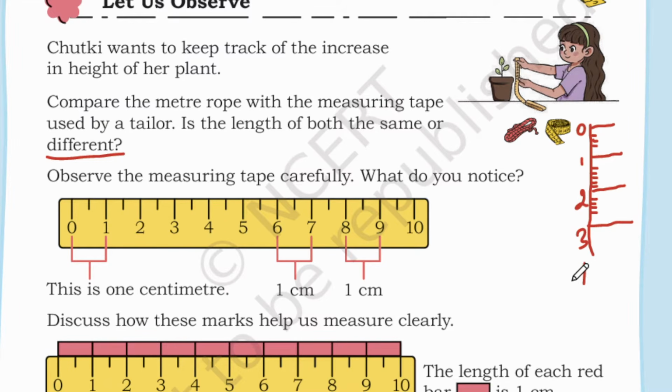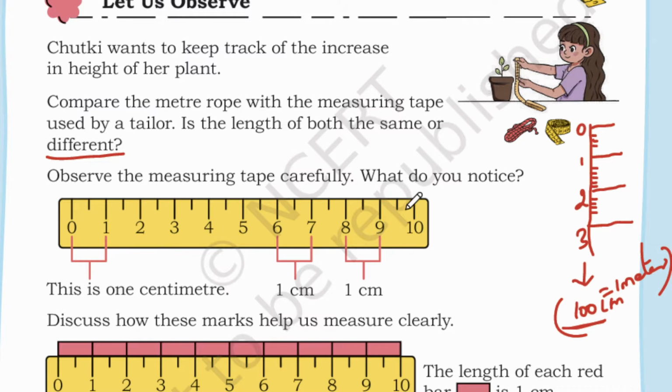It is divided up to 100 units. So 100 centimeters is equal to 1 meter. In a tailor shop, they will have a 1 meter tailoring tape, which is also equal to 100 centimeters. Now we will see that in detail.